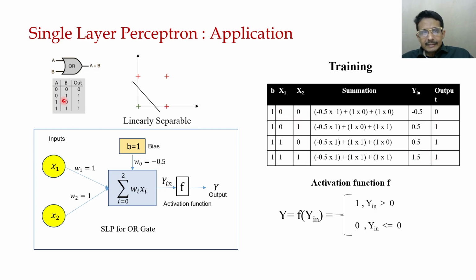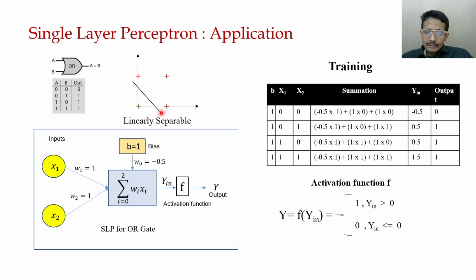So we can get this truth table by implementing this. In this way we can implement the OR gate. But here also please notice that this can be done by a single layer perceptron because the data distribution of these groups is linearly separable.